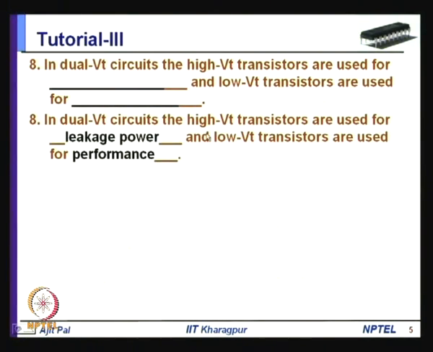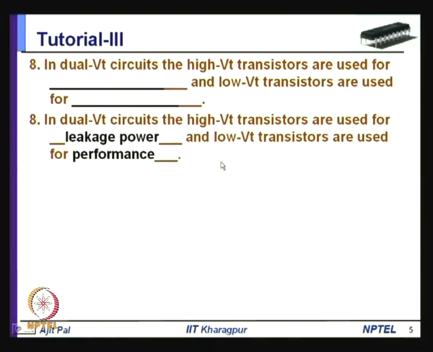That means, in a multi-level, multi-input circuit, you have got many gates, and a larger portion of them are in the non-critical path. So, the gates which are on the non-critical path, you can use high threshold voltage transistors to realize them. That will reduce the leakage power. So, high FET transistors are used to reduce leakage power.